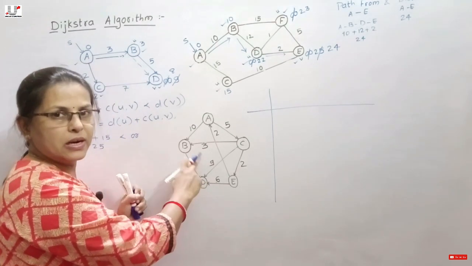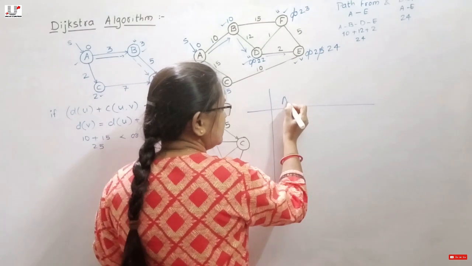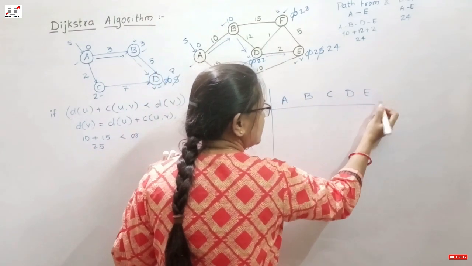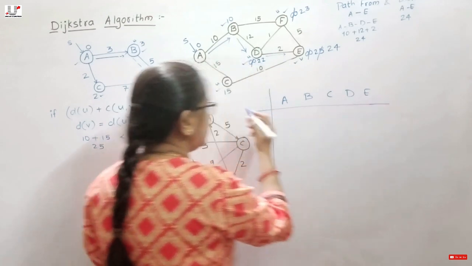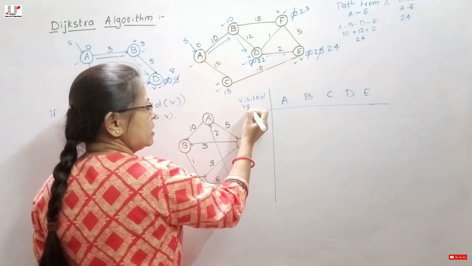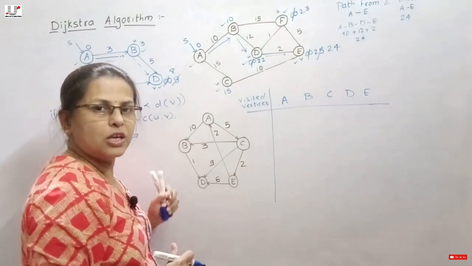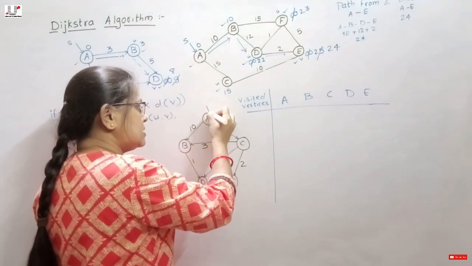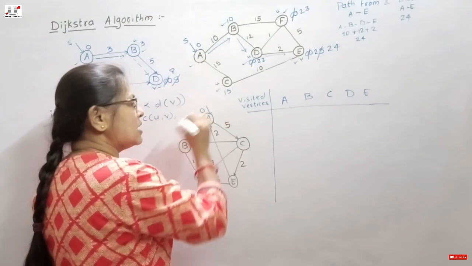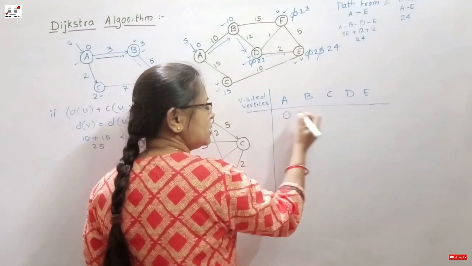As the graph contains 5 number of vertices as A, B, C, D, E, here table contains those 5 vertices A, B, C, D, E and visited vertices. As the starting vertex is not given, so we consider A as a starting vertex and mark its distance as 0. So the first step is mark the distance of starting vertex as 0.